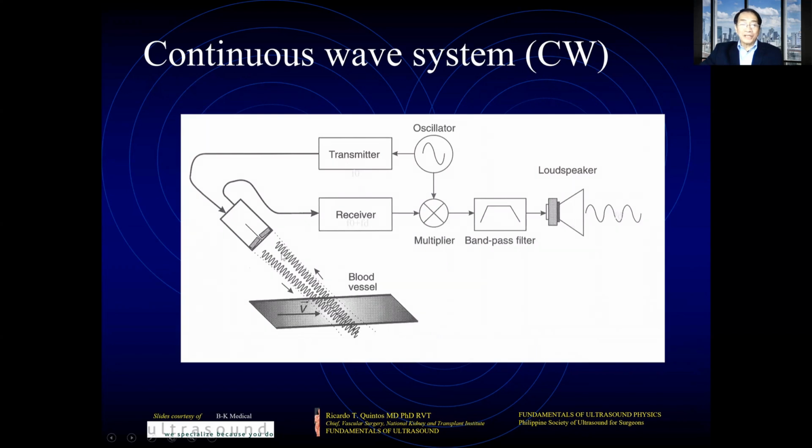So this is a figure example of a continuous wave mode where there are two different piezoelectric elements.